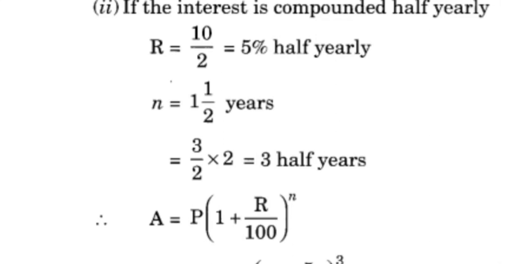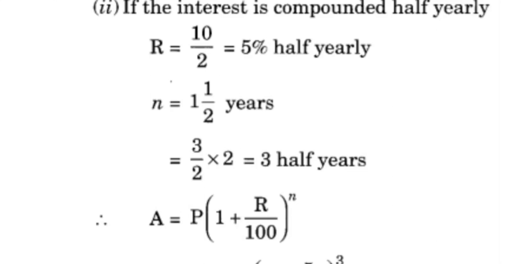See the second one, compounded half yearly. Half yearly means rate of interest we will find half and time also half. So 10/2, this is 5% half yearly and time is 3/2 years. 3/2 means we will multiply here 2. So total how many halves? 3 half years.